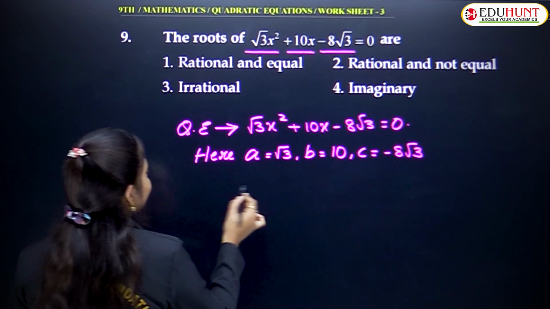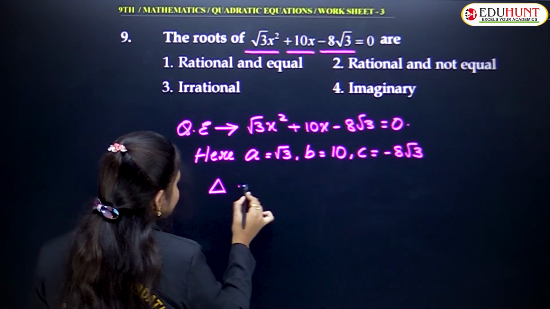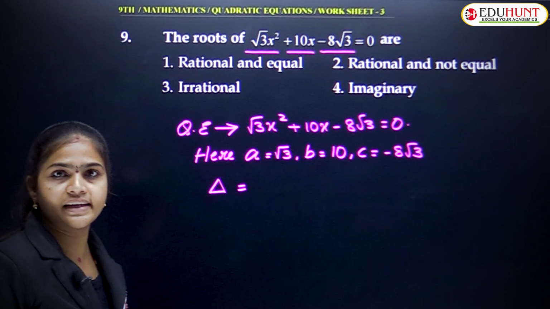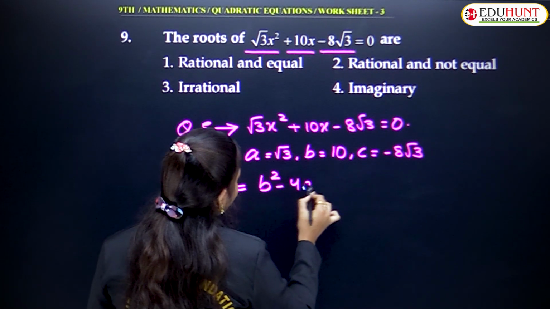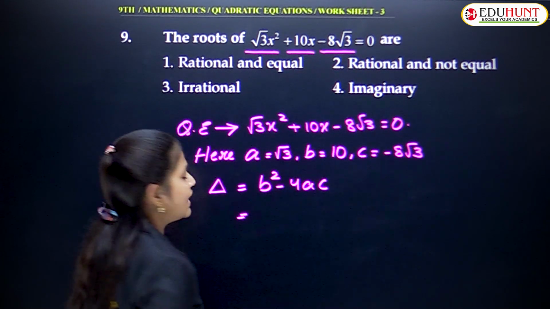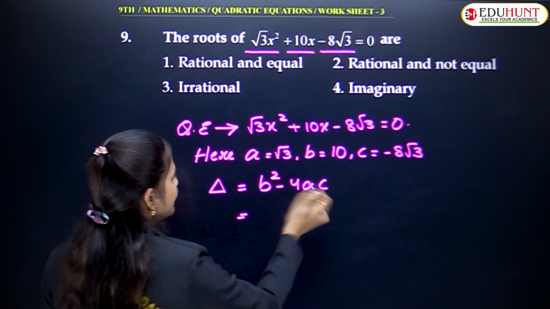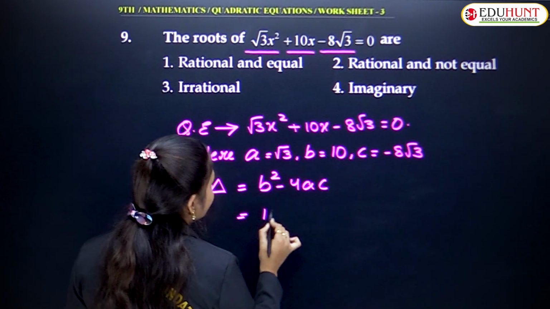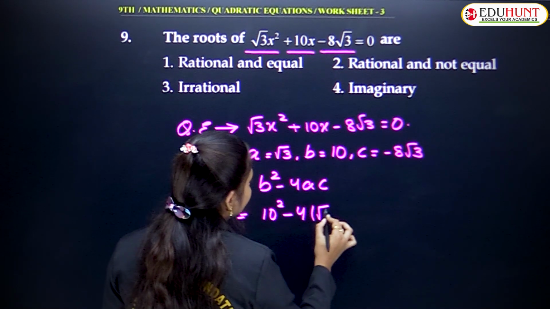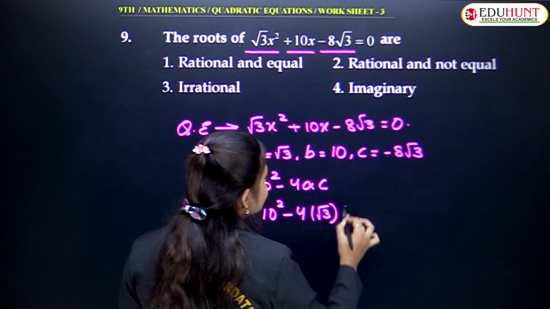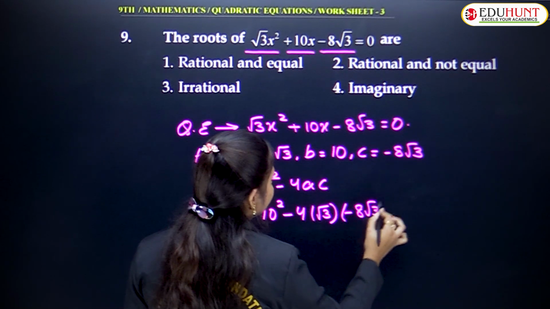Now find the delta value. What is the formula to find the delta? That is b square minus 4ac. Here just substitute the a, b, c values. b is equal to 10, so 10 square minus 4 into a is equal to root 3, and c is equal to minus 8 root 3.